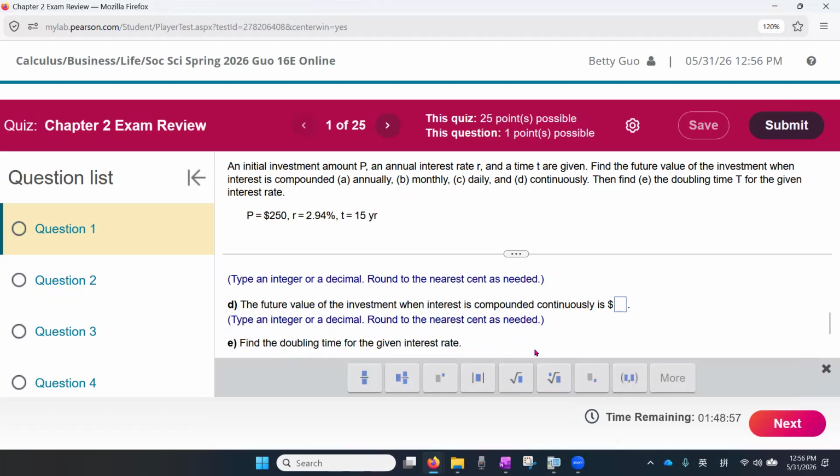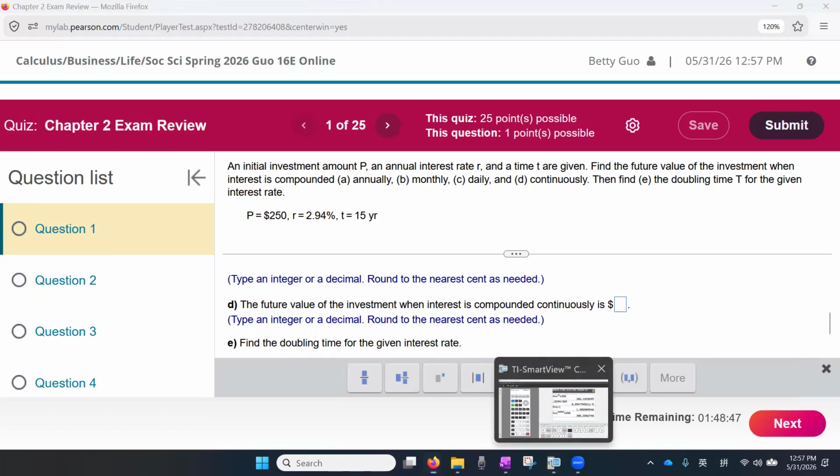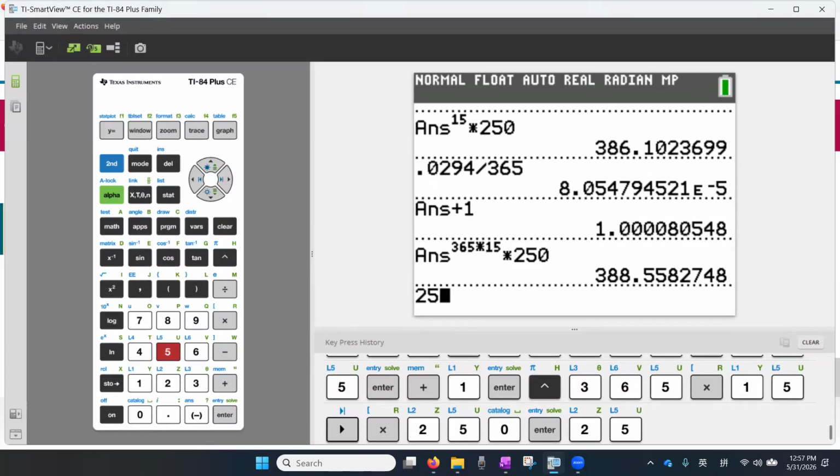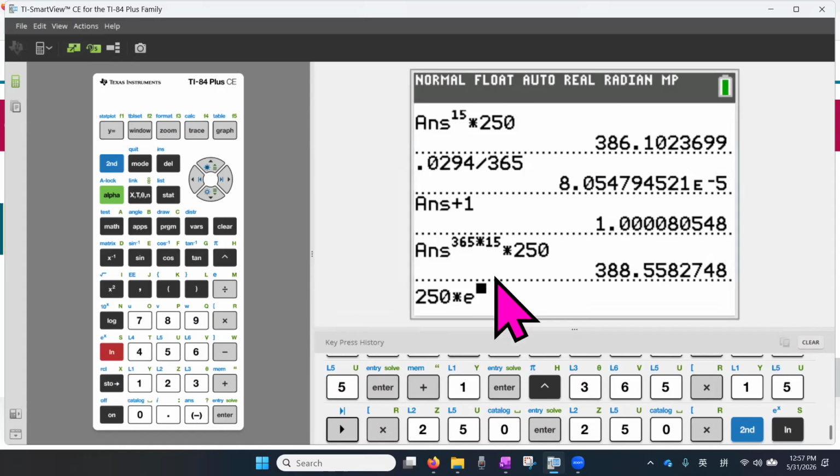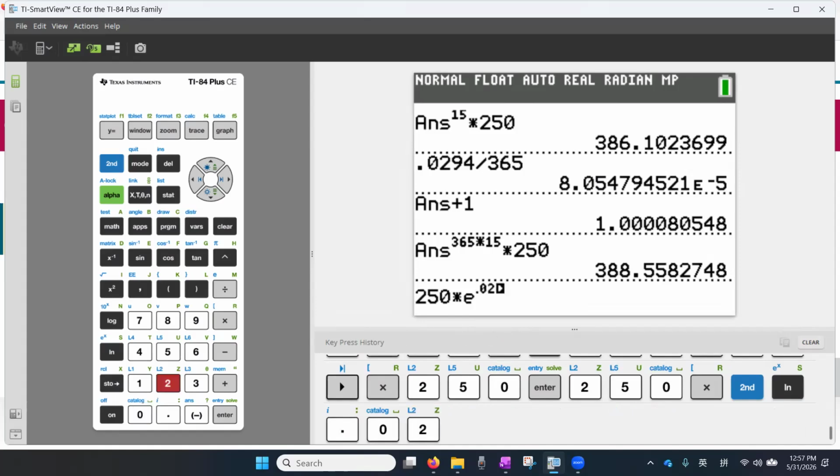All right, part D. The future value of the investment when interest is compounded continuously. Okay, continuously uses a different formula. Let me show you how we get it done in the calculator. We start with the principal and multiply it by e to the power r times t. r is the annual interest rate, 0.0294, times 15 years.